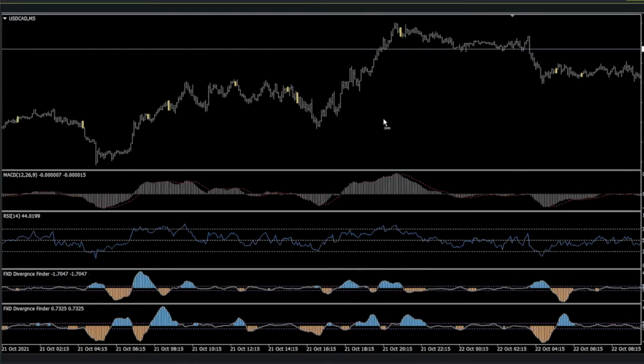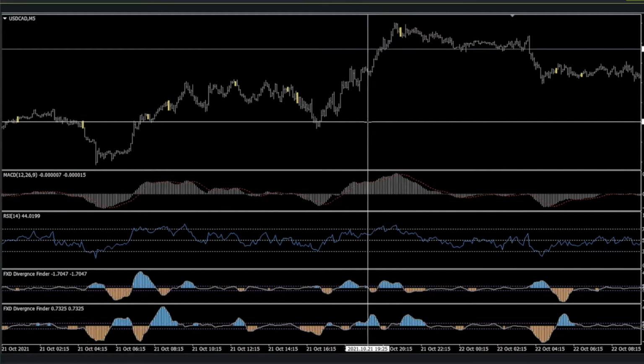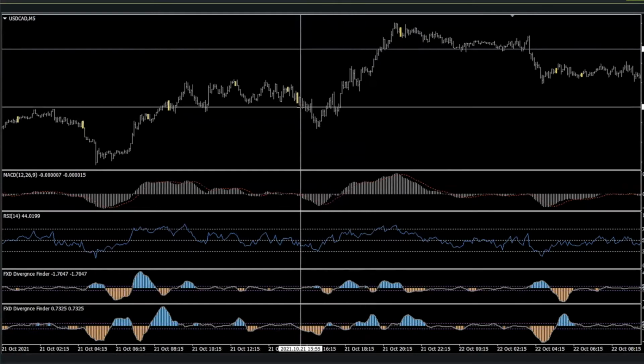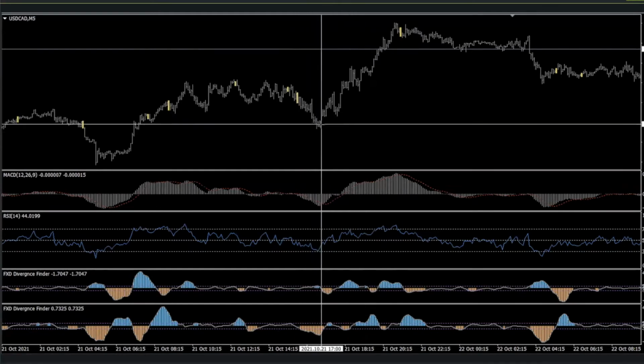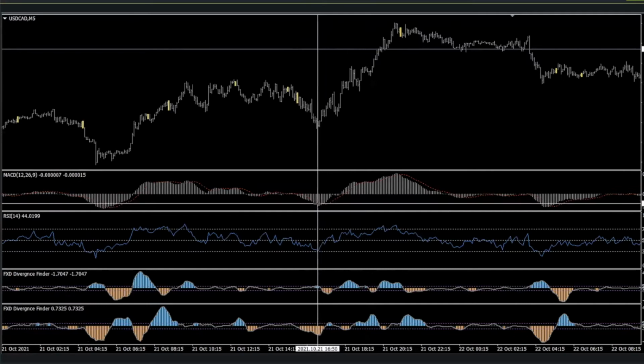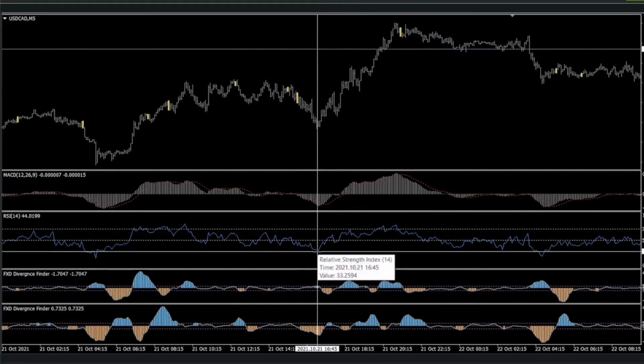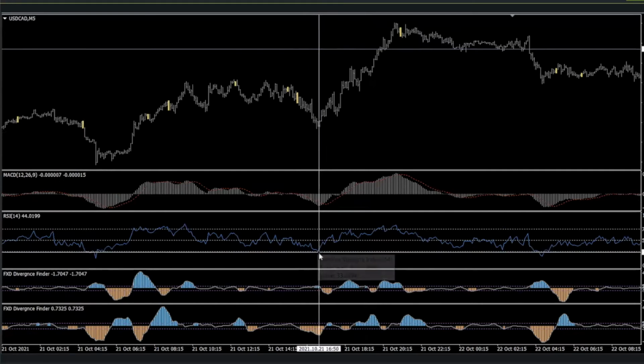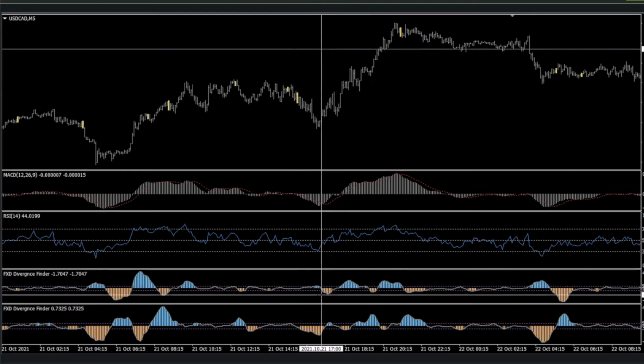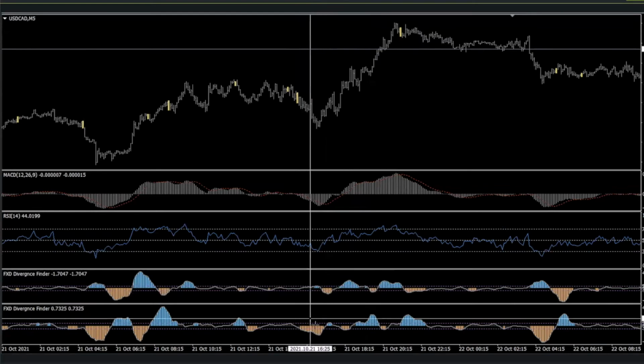So as you can see, let's give another example. Now, the market was moving down here, okay? Now, the MACD didn't find any divergence. The RSI also didn't find any divergence. However, as you can see, the move was down.